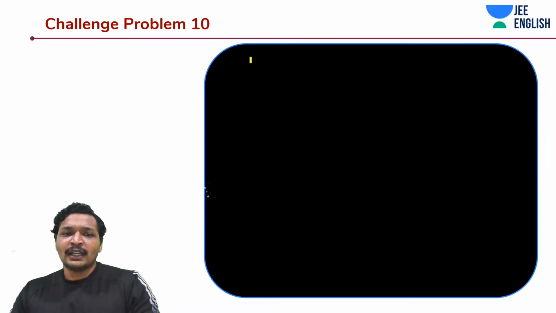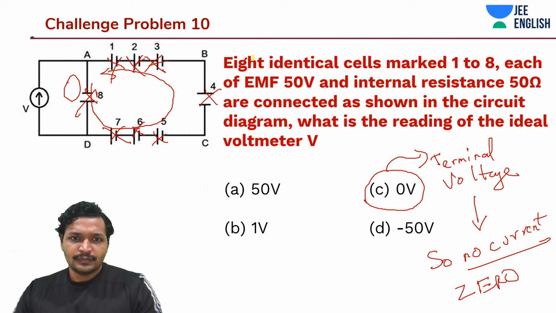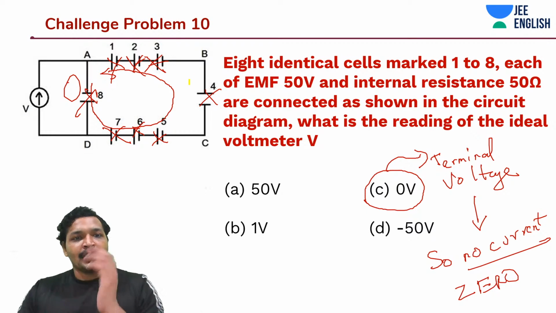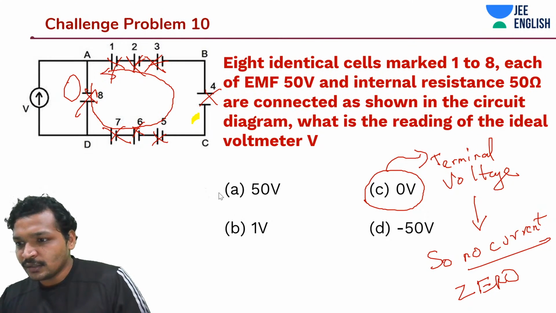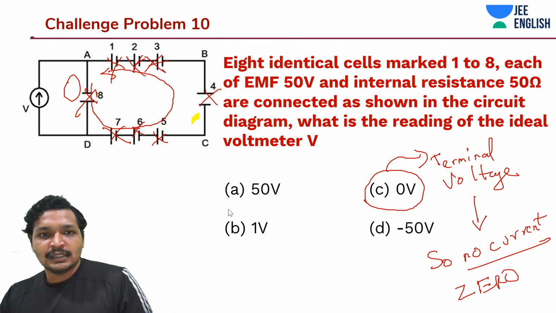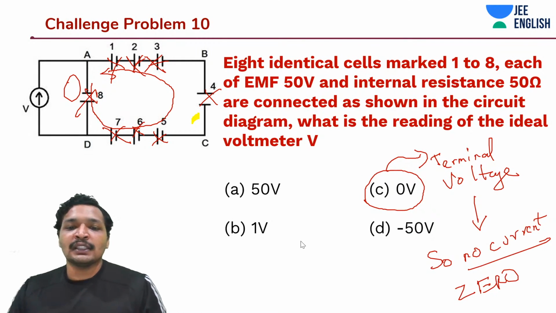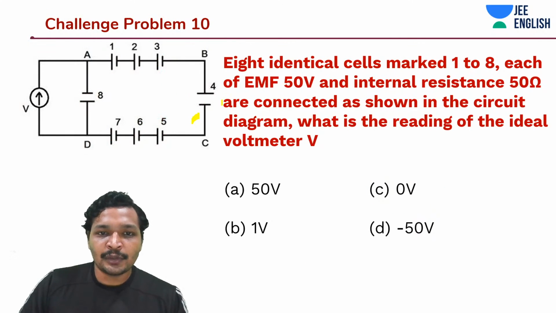Number 8 and 4 do not cancel out. Yes, actually that's true. So there should be a reading across the voltmeter. Actually this 4 should have been on the other side. It was basically a conceptual question.